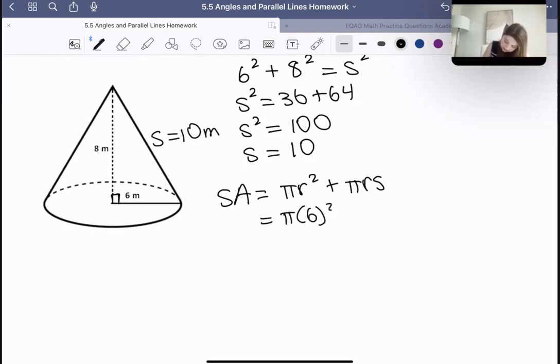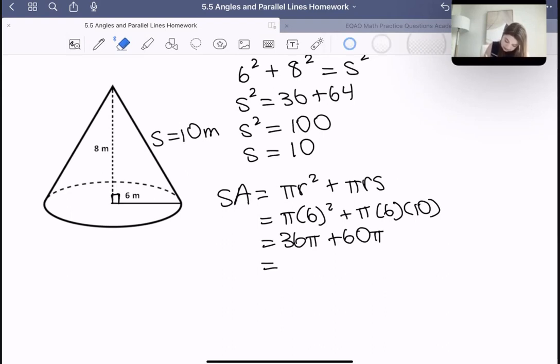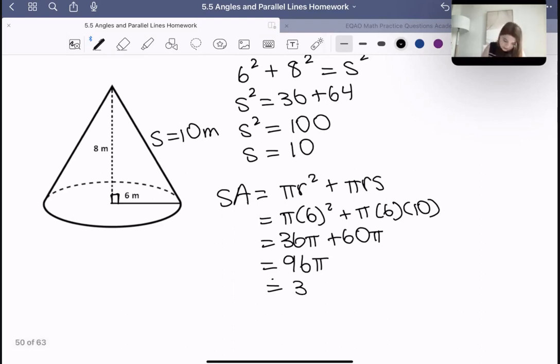Pi 6 squared plus pi 6 times 10, which is going to be 36 pi plus 60 pi, which is 96 pi, which is our exact answer. Now let's find our approximate answer by doing 96 times pi in our calculator. And that's going to give us 301.59 meters squared. And there we go. Very good.